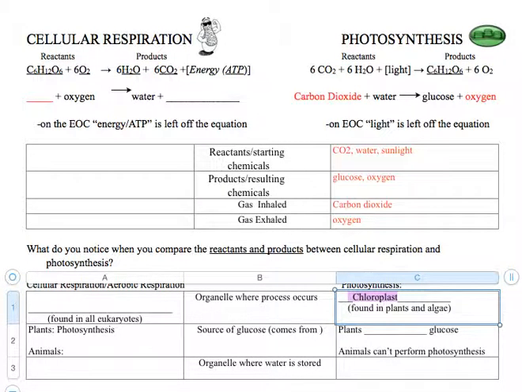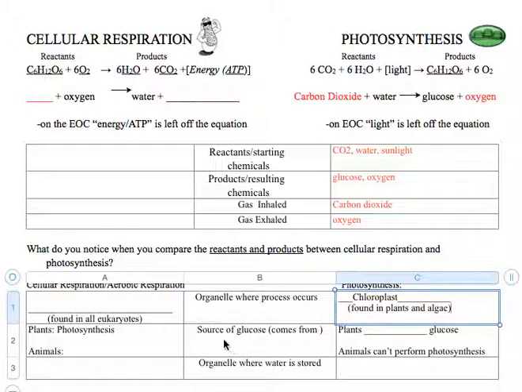So we're going to have to write the word chloroplast in there. For some reason, it's not turning red here. So this is the word you're going to write in your blank. The chloroplast is the organelle where photosynthesis occurs. And if you look all the way back up to this green diagram here, that is your chloroplast.